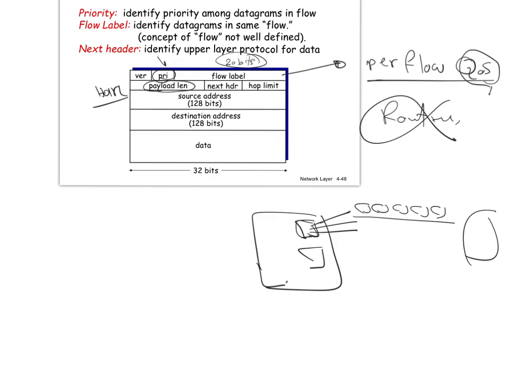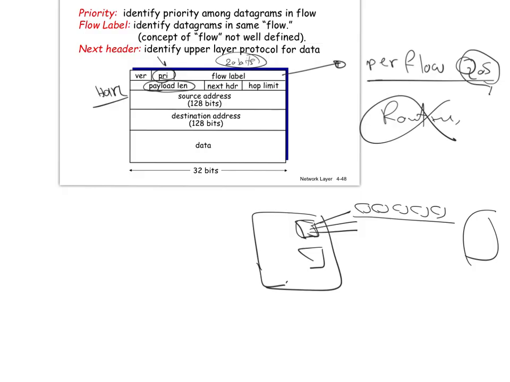We don't have to do this here because the header is fixed. It's 40 bytes. In IP version 4, it's minimum 20 bytes to 60 bytes. Why? Because we have the options field, which was actually 40 bytes and was never used. Here we decided to clean these things up. So we don't have any header length.